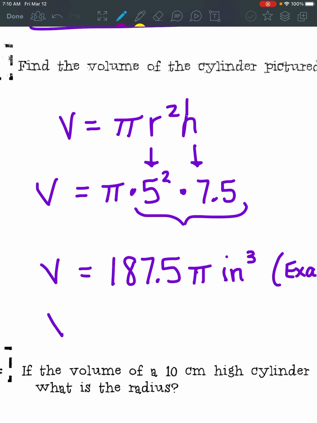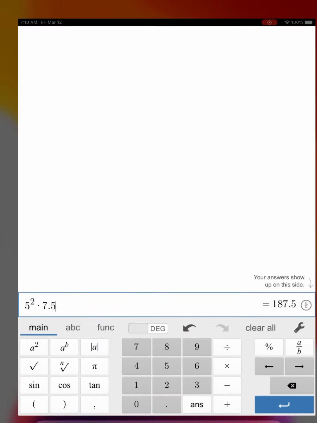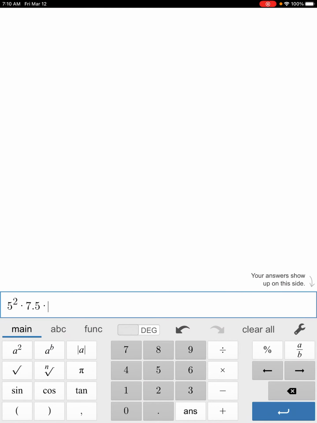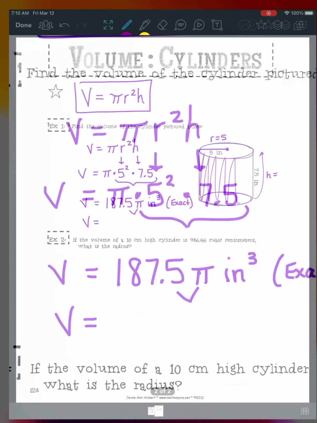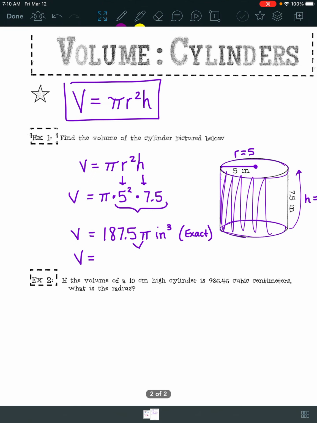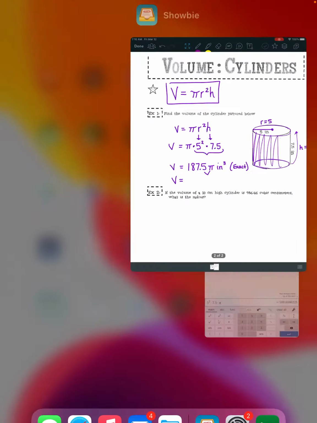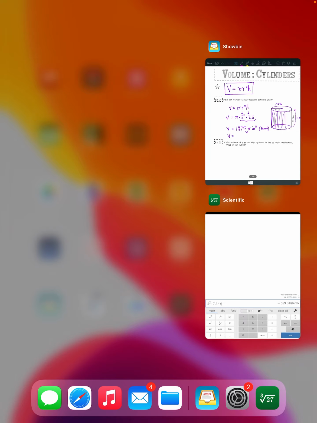So last step, what we could do then is actually take that 187.5 and multiply by the pi symbol. So I'm going to take my calculations and just put in times pi. So we get 589.048. And let's see if the instructions, they don't say where to round. So let's round to the nearest tenth, but you always want to double check that you're following instructions if it tells you where to round.